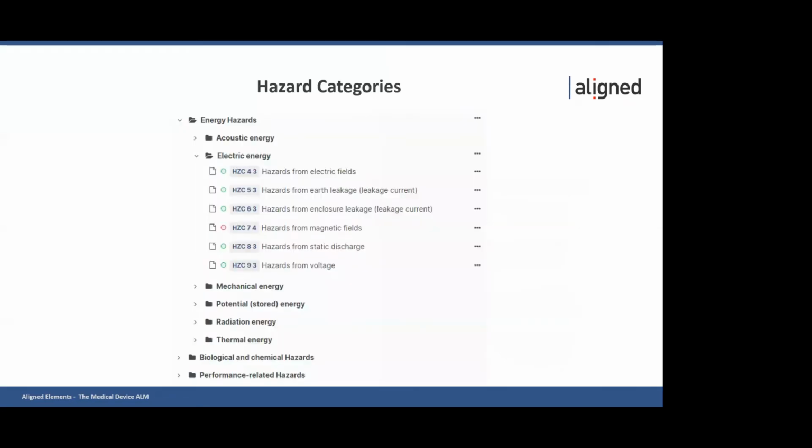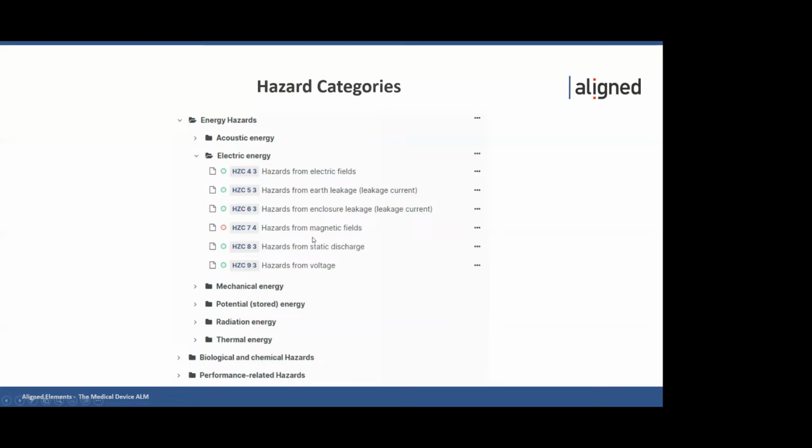So if we look at how this could be applied in Inaligned elements, we have prepared libraries that contain roughly 75 different generic hazard categories. And the idea is that you go through each of these and ask yourself, is this applicable to my device? Yes or no? There will probably be whole sections that are not applicable. So if your device does not produce any acoustic energy, you can say no, these are not applicable, and qualify why.